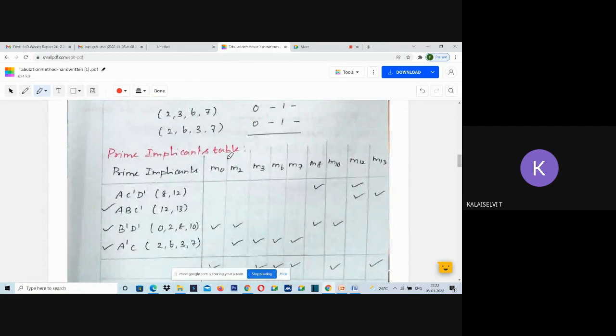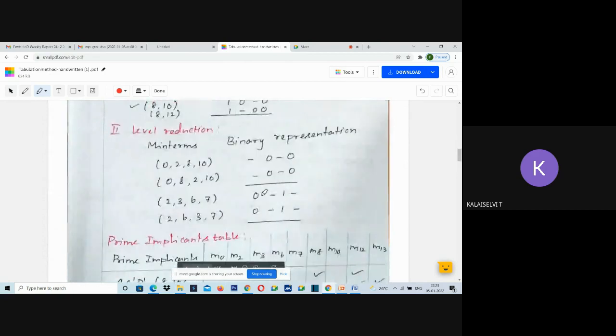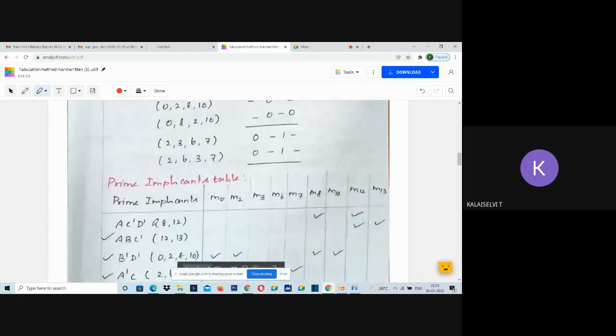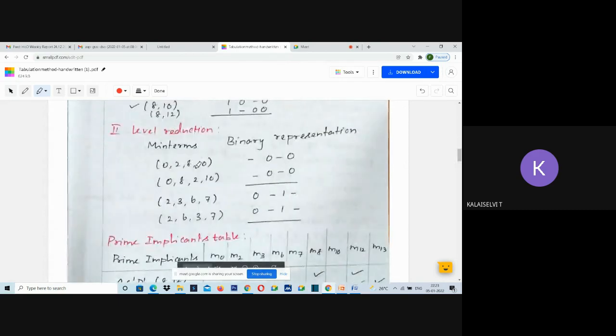For forming the prime implicant table, we have to list out the minterms given in the Boolean function in the first row, and write the prime implicants obtained in the second level reduction as they are. So here 0 2 8 10 and 0 8 2 10. So this gives us the same term.